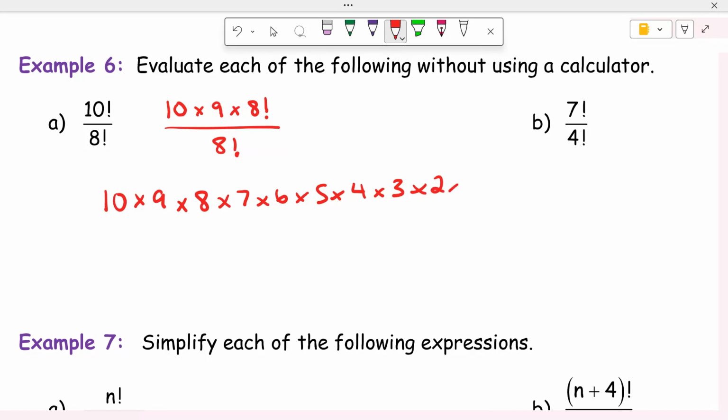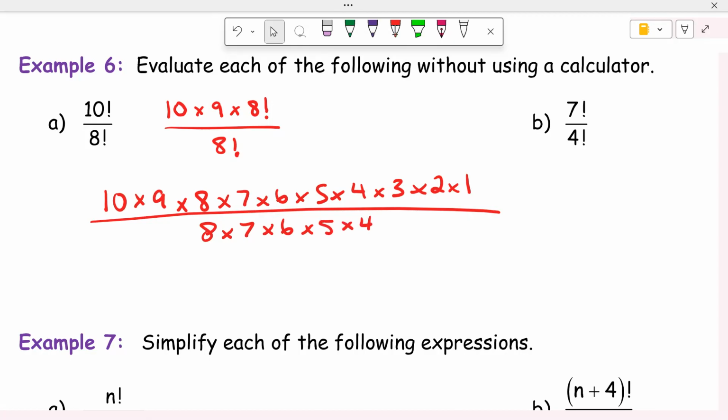If you want to do this, then the whole point of making this easier is that you eliminate it. Do you see? Do I have to write all that down? You just expand the one that's bigger and expand it to where you can divide off. I don't need to keep going, because is 8 factorial the same as 8 times 7 times 6 times 5 times 4 times 3 times 2 times 1?